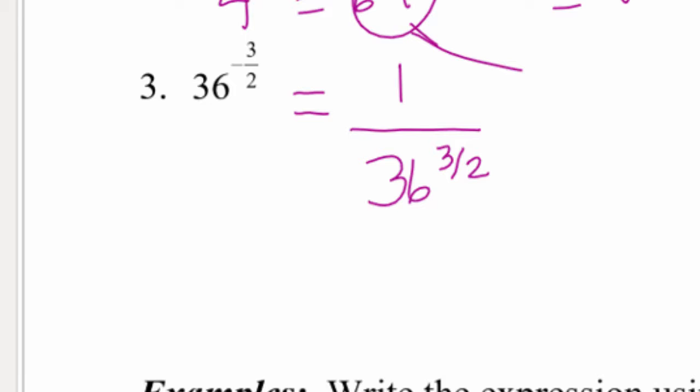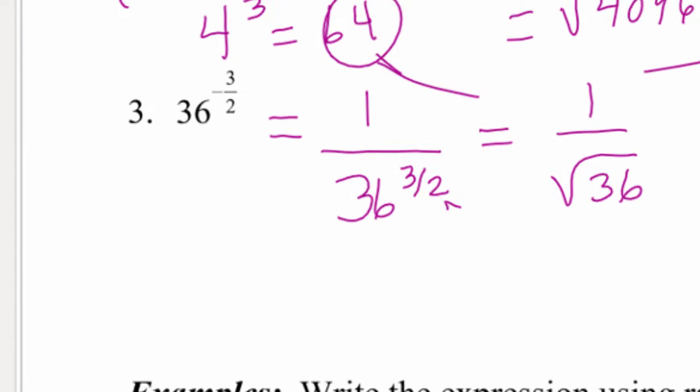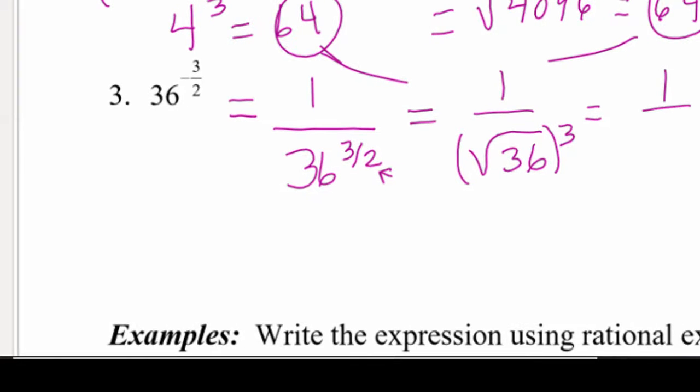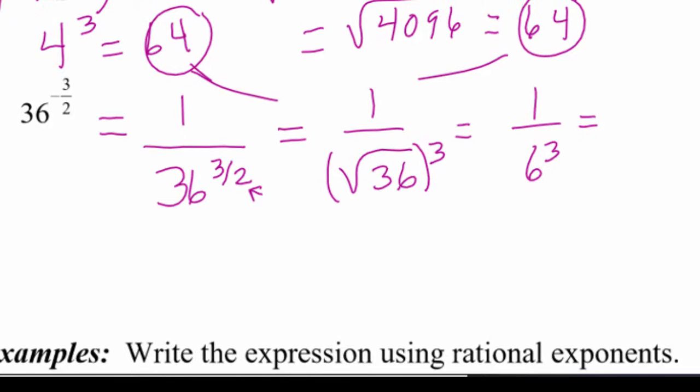Because remember, the negative exponent means that you're going to take a reciprocal, and that allows you to change the exponent to a positive exponent. That means that that's 1 over the square root of 36. So there's your index, right? Square root. And then you're going to cube that. So that's 1 over 6 cubed. And 6 cubed is what? 216. Okay, 1 over 216.